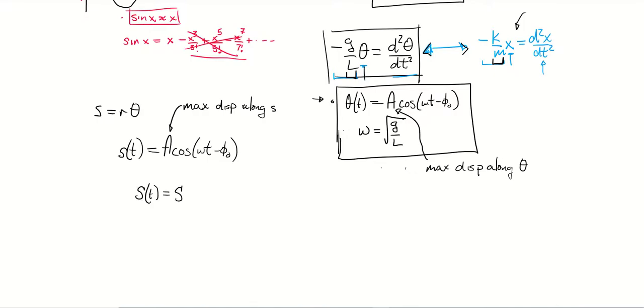s of t is s max times, very sloppy, cosine omega t minus phi naught, and theta as a function of t is equal to theta max cosine omega t minus phi naught.